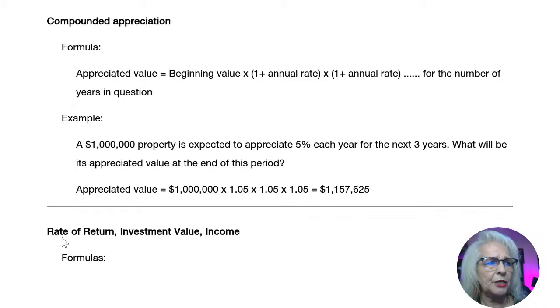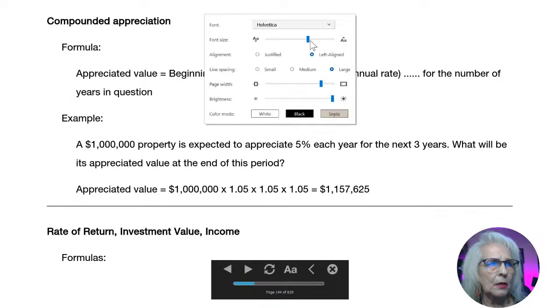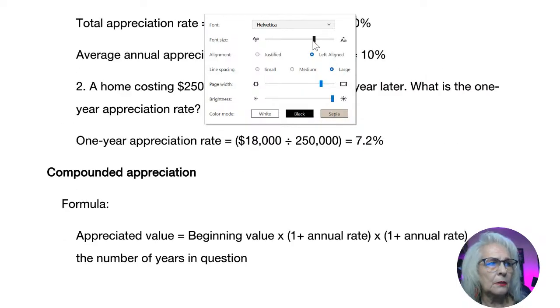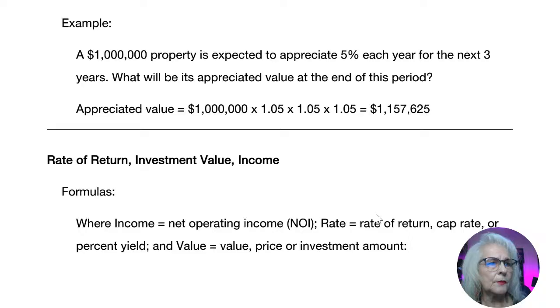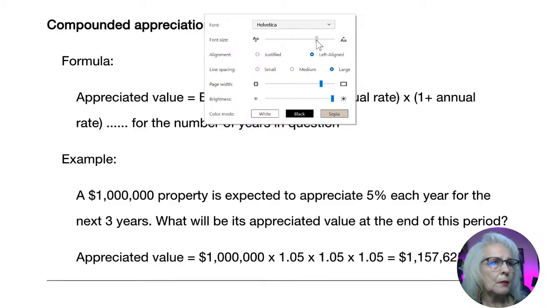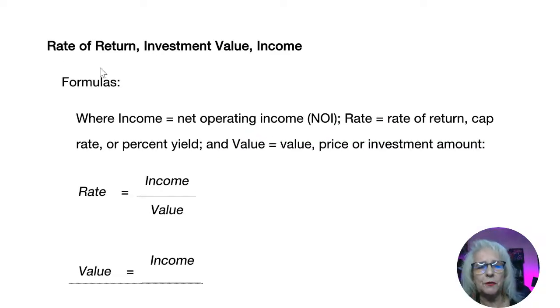Now, the rate of return, ROR, investment value, and what's the income they're getting. The investment value is the original value.